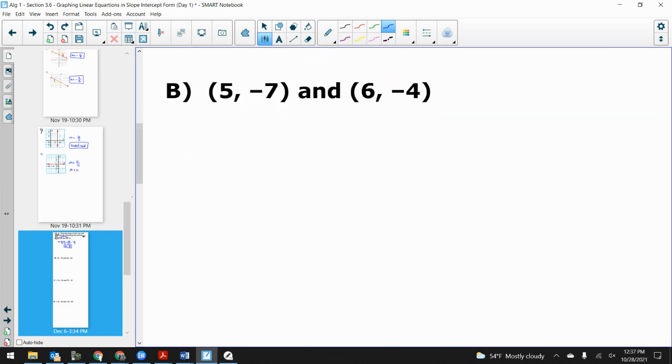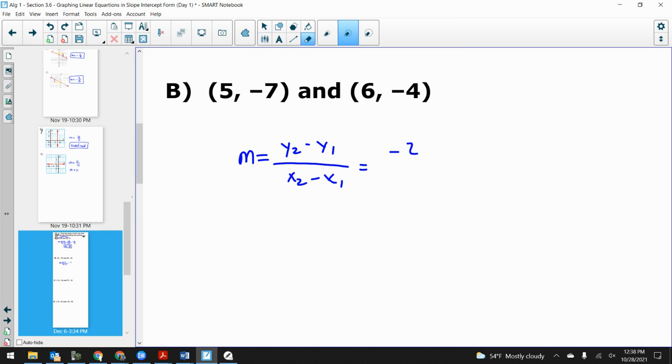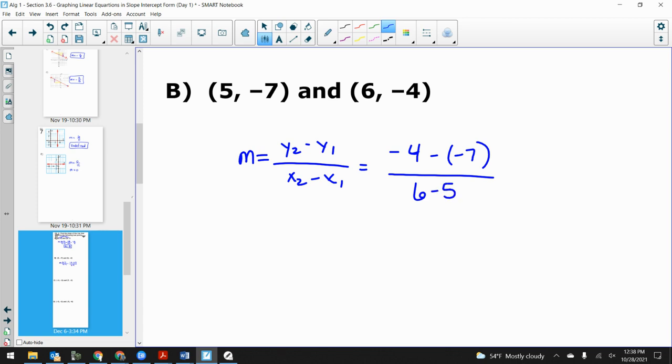So let's do it a couple more times. Let's take a look at example B here. M is y2 minus y1 over x2 minus x1. y2 minus y1, -4 minus -7, divided by 6 minus 5.